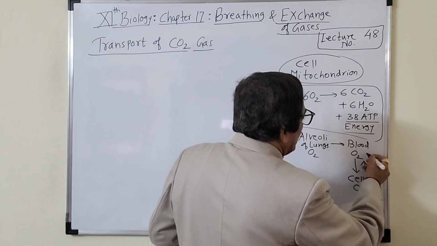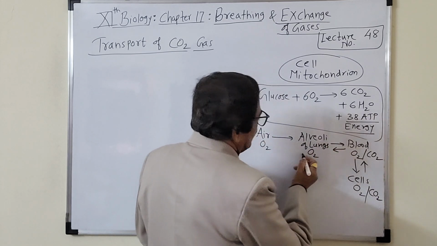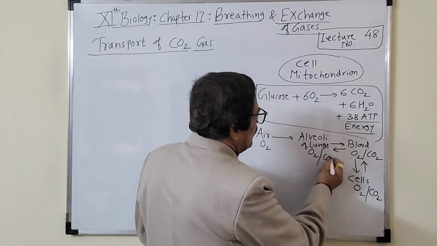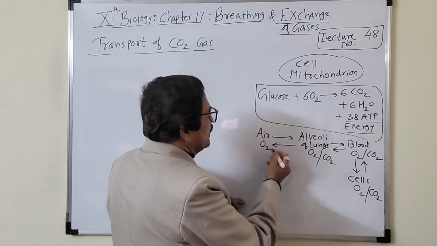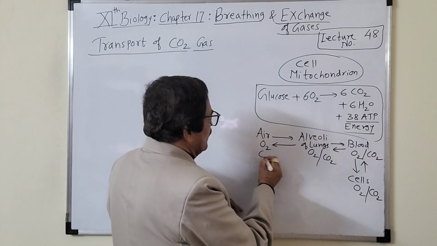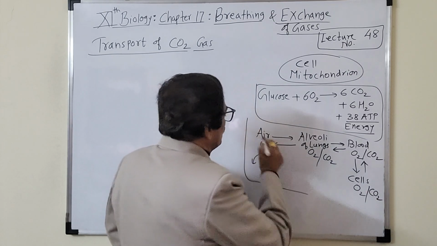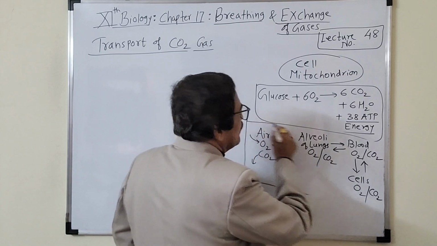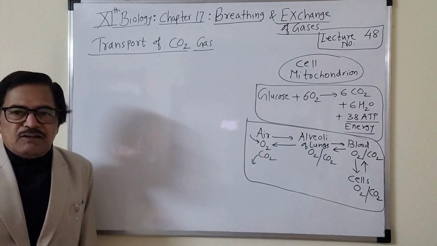So blood will carry that CO2 in the reverse direction up to the alveoli of the lungs, and from the alveoli it will be given out, and the CO2 containing air will be given out. So try to learn, very simple. This is the summary of respiration and the transport of the gases.